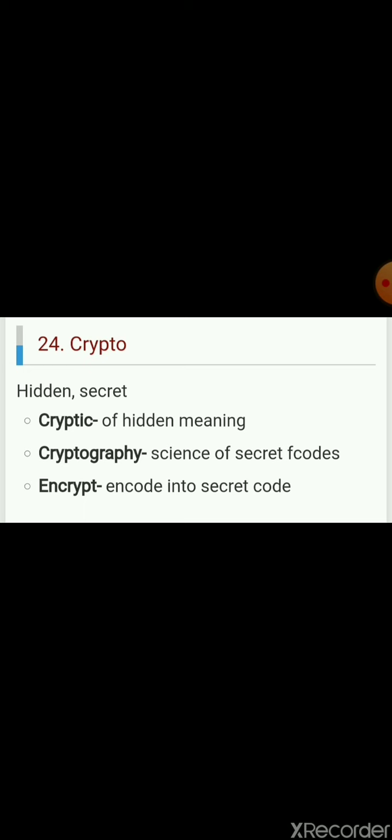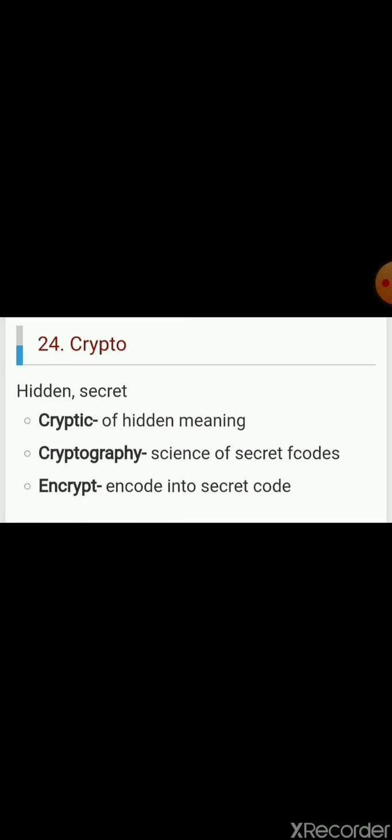Crypto. Crypto is a root. C-R-Y-P-T-O. It means hidden, secret. Why am I using this root with you specially? Because it has one word which you are using every day. You see it on the screen whenever you open WhatsApp: encrypt. Cryptic, of hidden meaning.